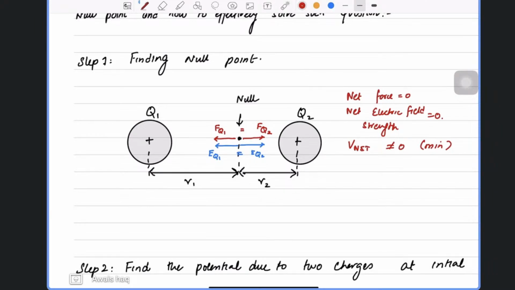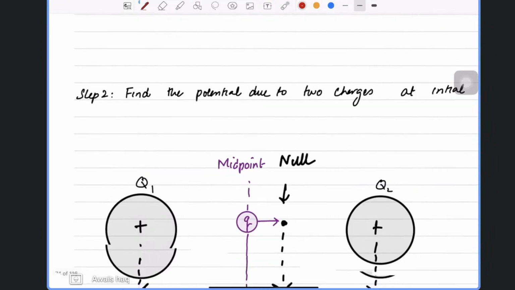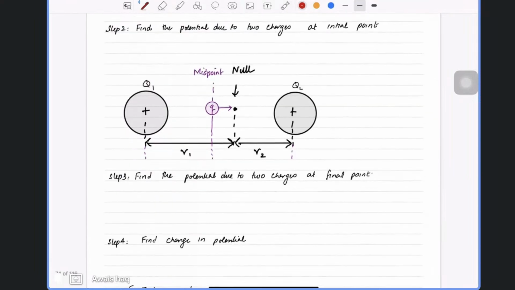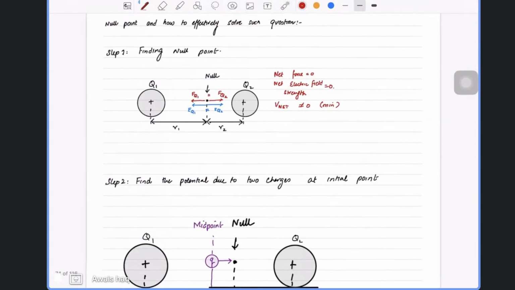Okay, so then we are going to talk about how we can determine the null point. When you find the null point where the force is 0, you can write k q1 q2 over r1 squared equals k q1 q2 over r2 squared.